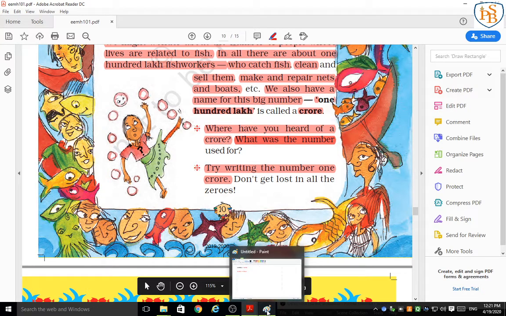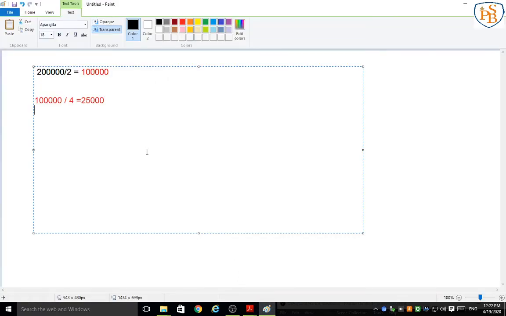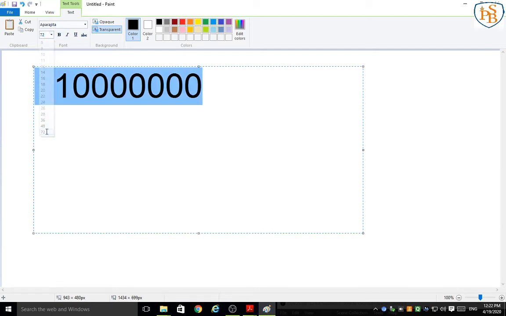Shall I help you to write the number of crore? I will help you. How many zeros are there in the value of crore?